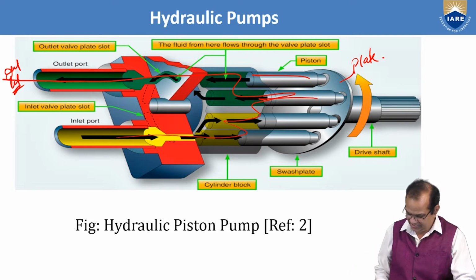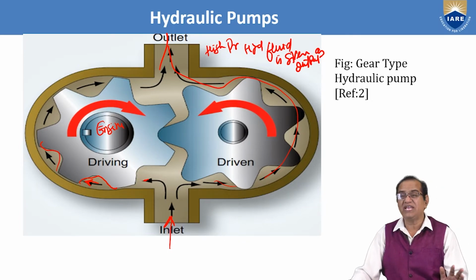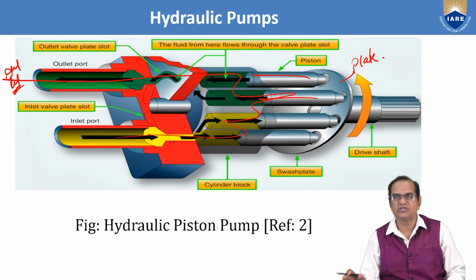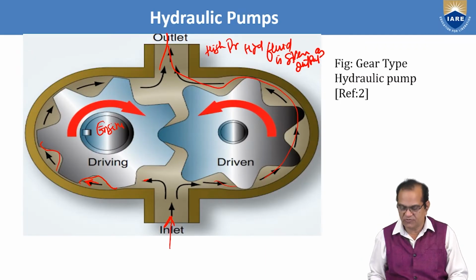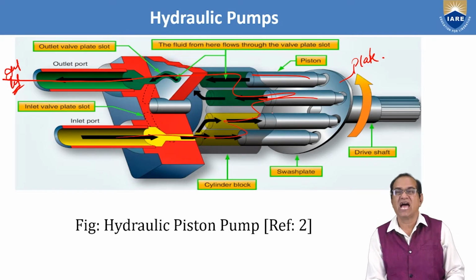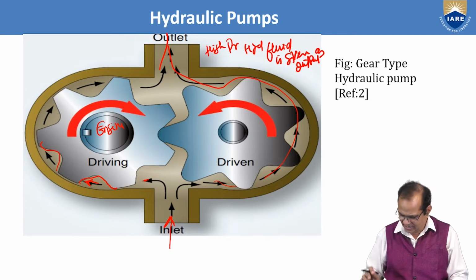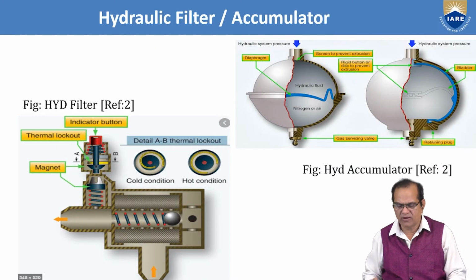But if you see this one, the gear type of pump, the pressure is not very high. So if you want a very high pressure, at that time we have to use this piston type of pump. If you want a medium pressure, we use this type of pump. But here the flow fluctuation is higher. In this, a very smooth flow is observed with this type of pump.